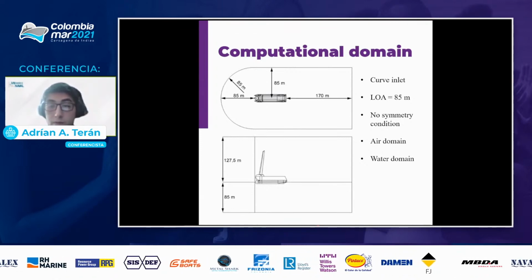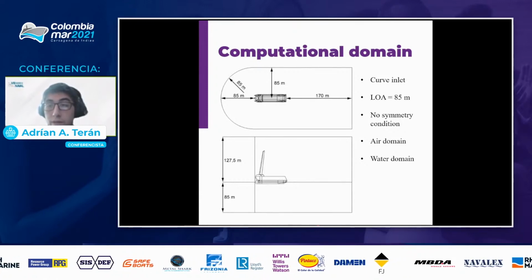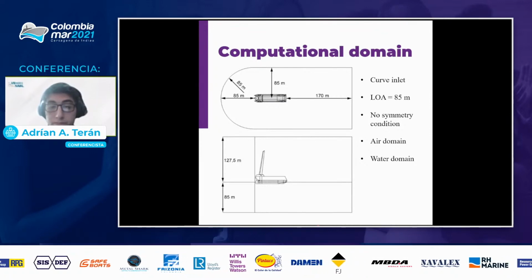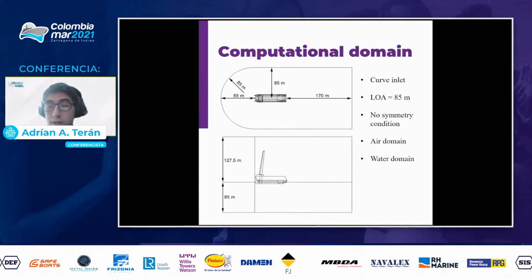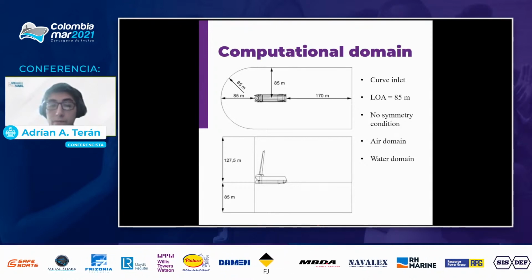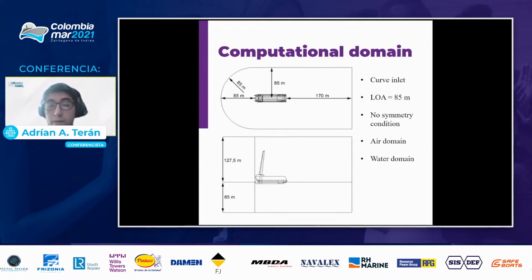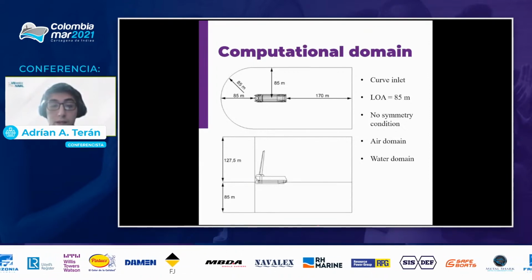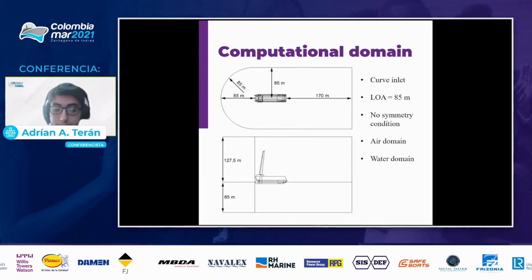If the sail has not been deployed, we could have a geometrical symmetry, but not phenomenon symmetry, because the wind is going to provide another component. So these are some of the particular conditions, and we've divided the domain into two parts. One air, the other water, to control these air and water inlets and be able to generate the analysis.